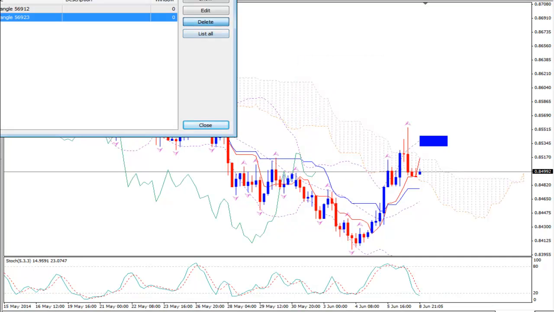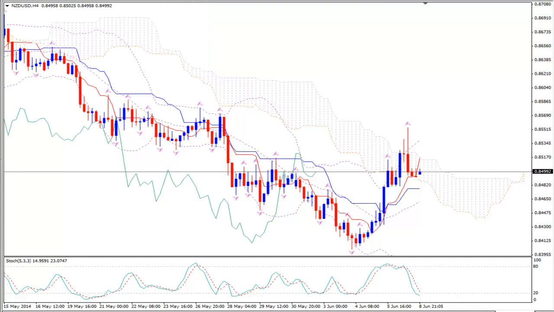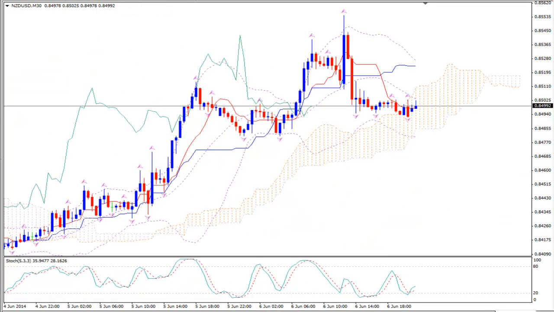Alternatively, you can follow my price Tenkan-sen cross entry exit rule from the smallest of the four which you used to enter, and this is M30.